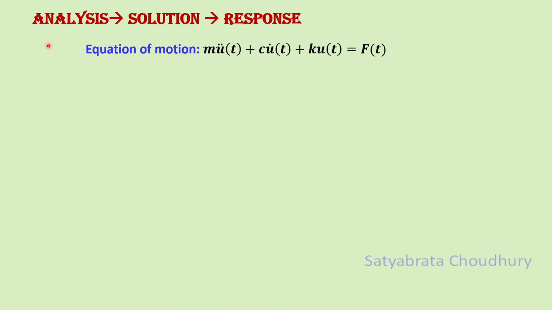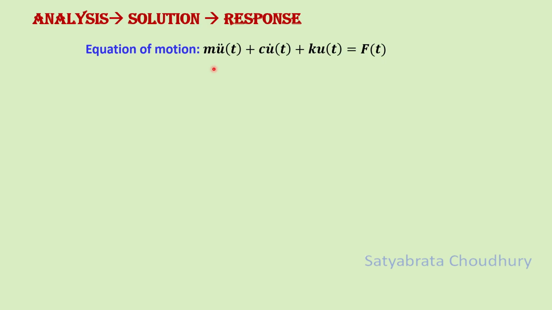Now, when you analyze a system, you are actually analyzing the equation of motion, which is given like this: m u double dot t plus c u dot t plus k u t equals f t. These are the inertia force, the damping force, the stiffness or spring force, and the external excitation force. All are changing with time. So this is a differential equation that we need to solve. When you solve the differential equation, you get an algebraic equation, which will give you the response.